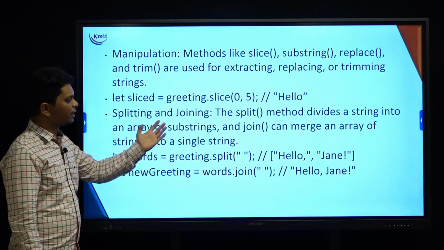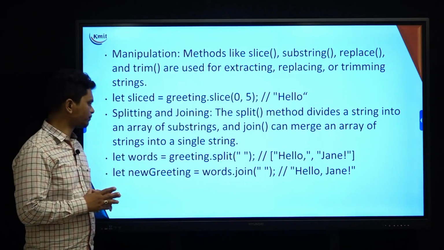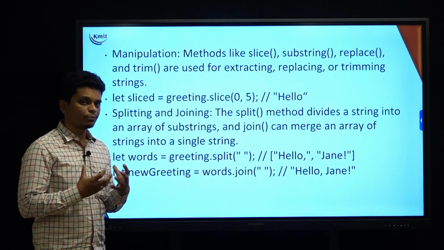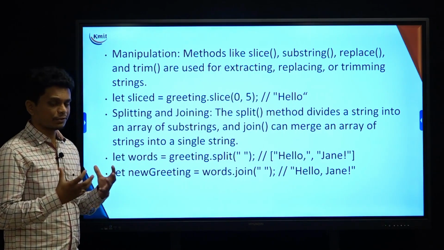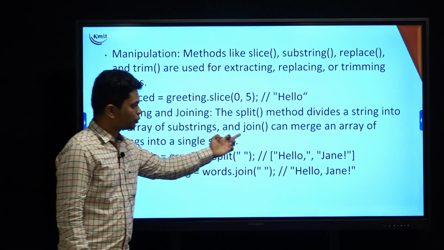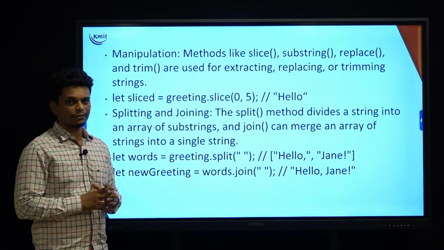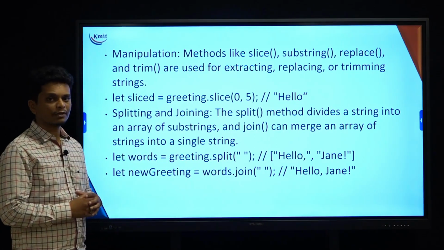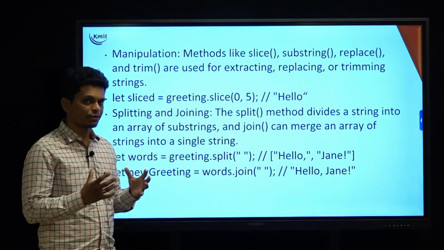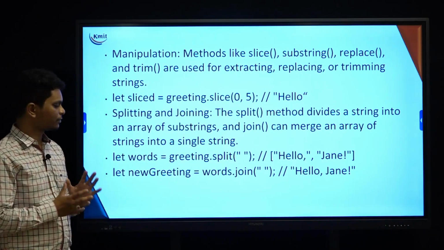Then splitting and joining. The split method divides a string into substrings, or an array of substrings. And join can merge an array of strings into a single string.